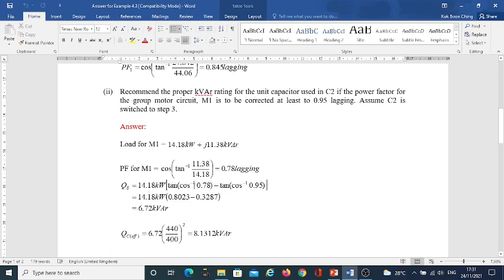So we have the K factor here: the tangent of arccos 0.78 minus the tangent for the targeted Q2. This is our P, so P multiplied by the K factor. The result is 6.72 kVAR.